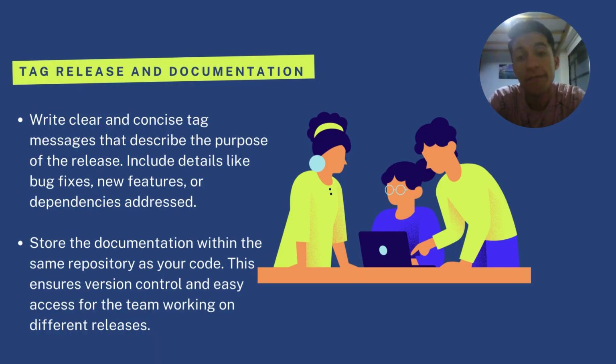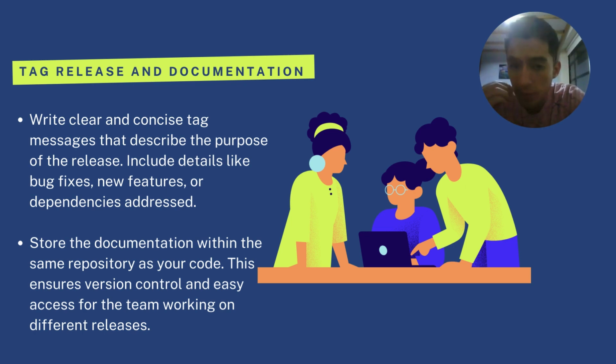And finally, I wanted to talk about the tag release and documentation. We believe this is a very good practice in order to build good software for scaling in the future. For example, write clear and concise tag messages. It could describe the purpose of the release, and include details like, for example, bug fixes, new features, or dependency updates.